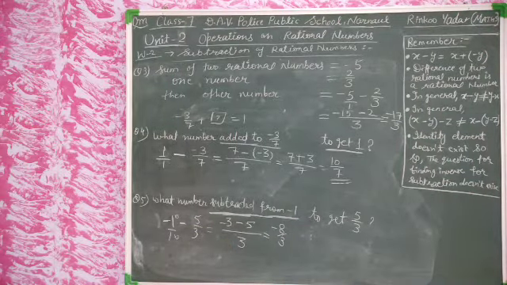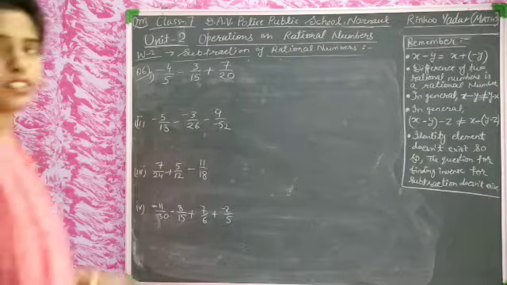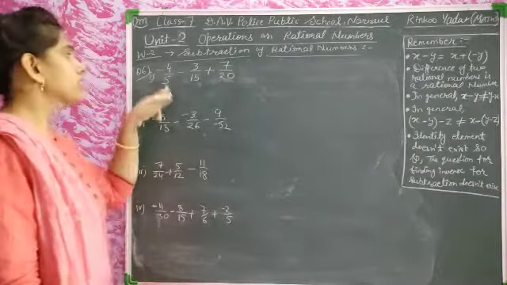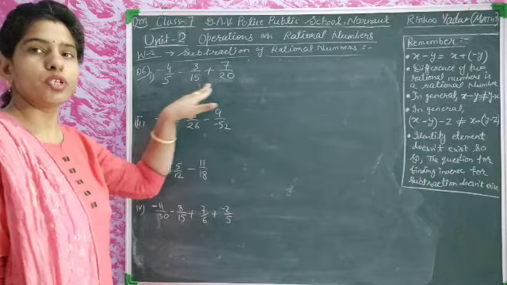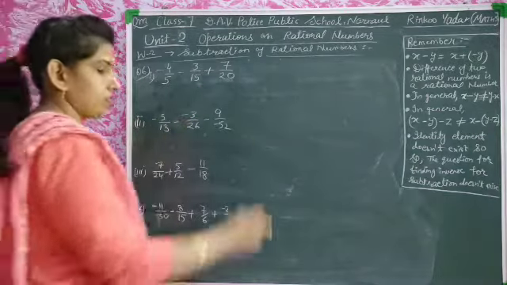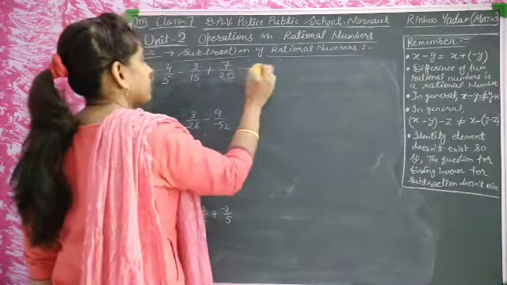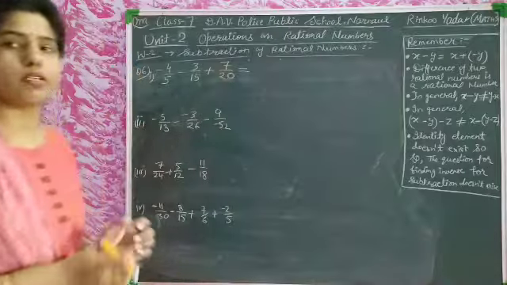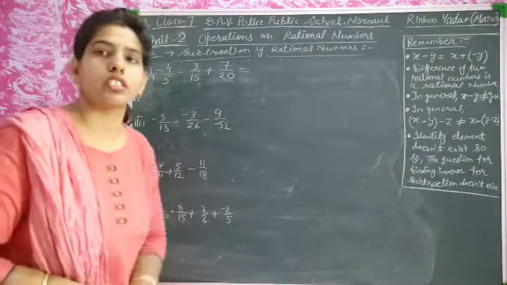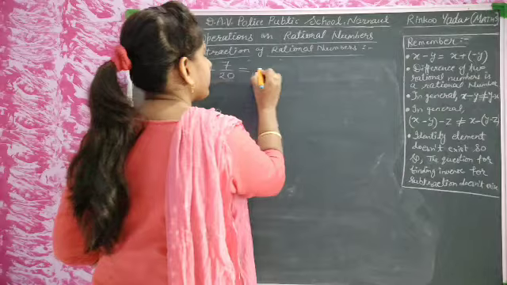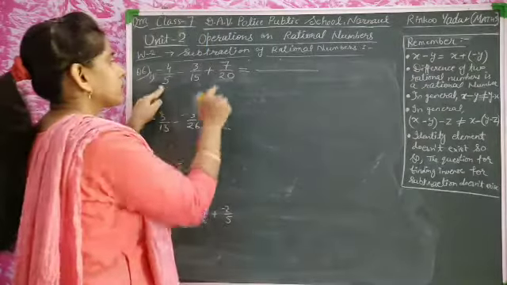Now the next question is, yes students, question number 6. We have to solve and simplify this question. For simplifying, we will first take the LCM here. What is the LCM of this?